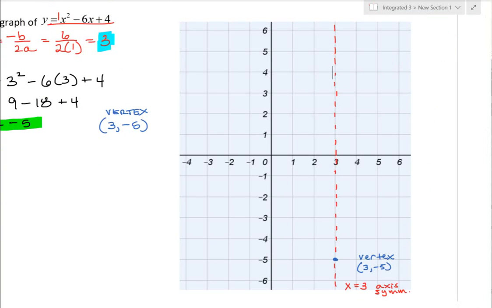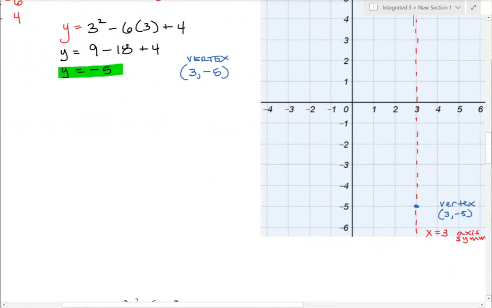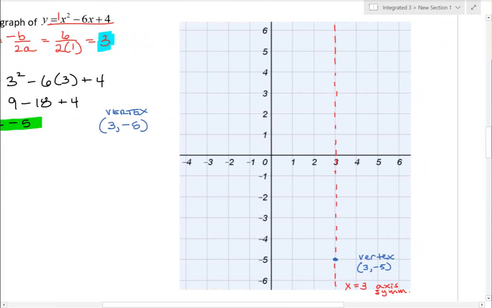Now, I just want to demonstrate this algebraically, but it's really easy after you see this one time how to do this. I want to find more points because we know just one point is not enough to graph anything. So I need another point. If my axis of symmetry is not the y-axis, then my graph will intersect the y-axis somewhere else other than the vertex.